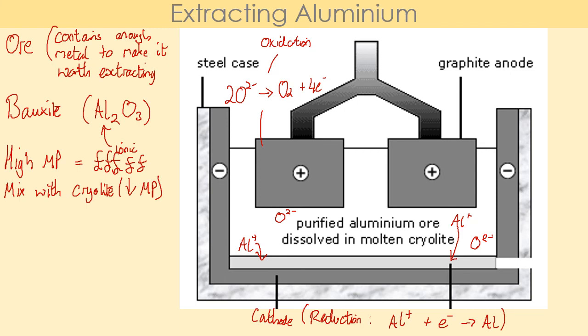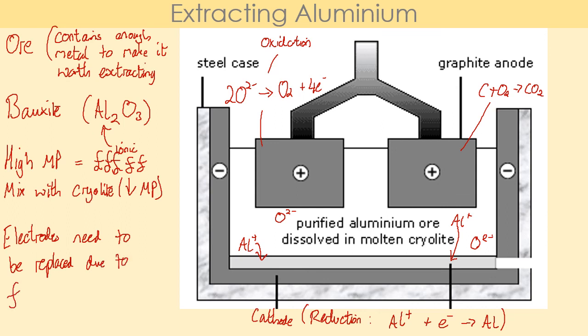When we get carbon plus oxygen, we make carbon dioxide. So eventually, these electrodes need to be replaced, due to the formation of carbon dioxide.